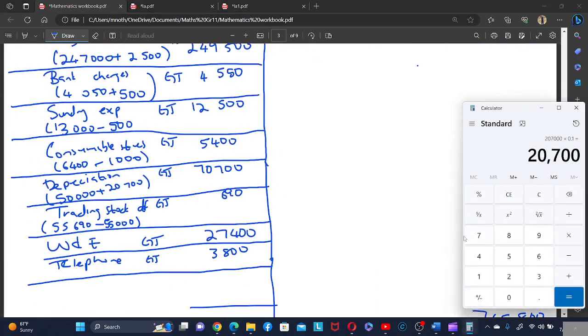So we're going to say 765,800 minus the debit side.